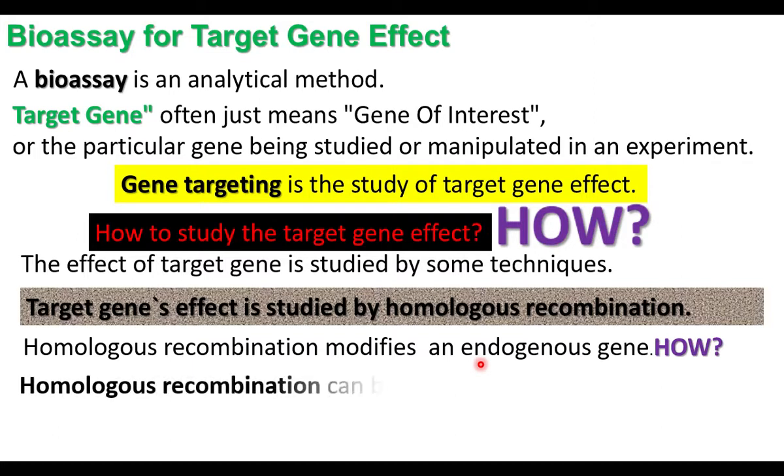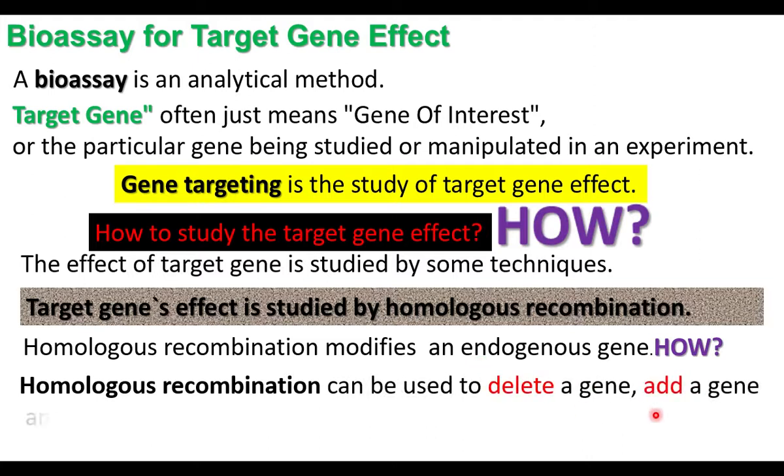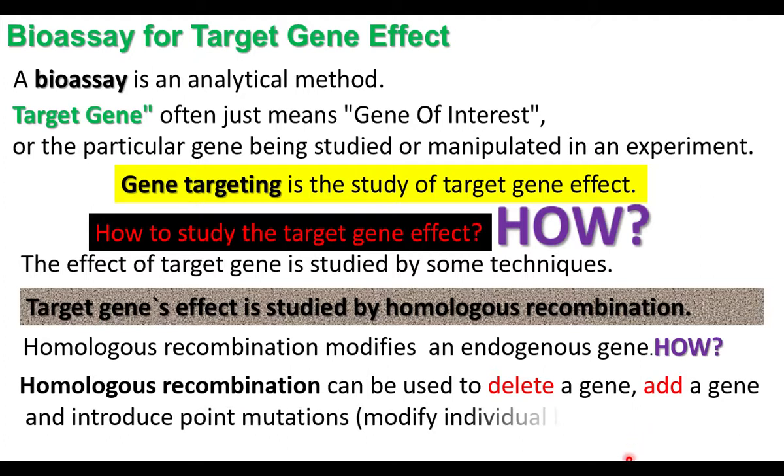Homologous recombination can be used to delete a gene, add a gene, and introduce point mutations. Homologous recombination modifies individual base pairs and causes mutation. So the function of gene will be stopped.